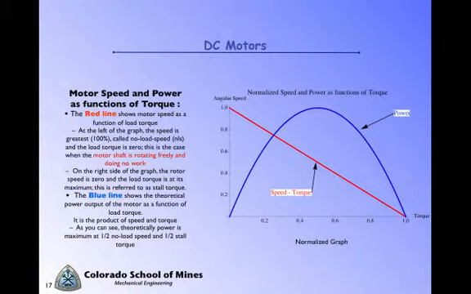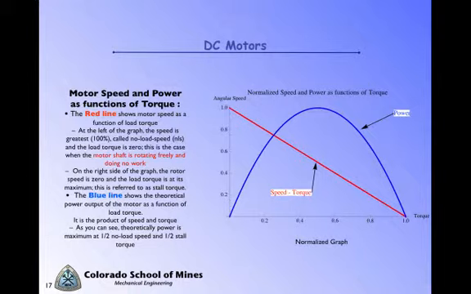So I want to show you this graph, and what you see here is the theoretical relationships, although, as you will find, they're pretty darn close to the reality. In particular, look first at the red line, and this is referred to as the speed-torque curve.